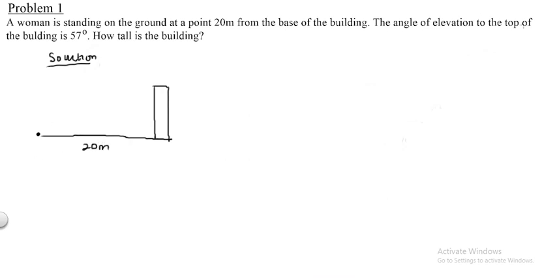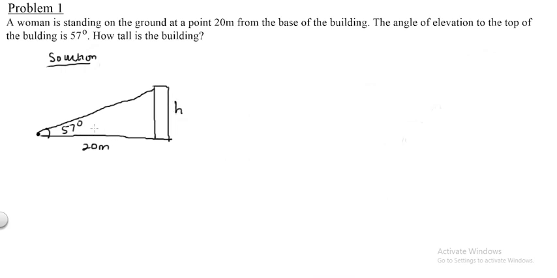The angle of elevation to the top of the building is 57 degrees. That means from this point, her line of sight to the top of the building, the angle that she's using to observe the top of the building, is 57 degrees. And then we are told to find how tall the building is, which is the height of the building.